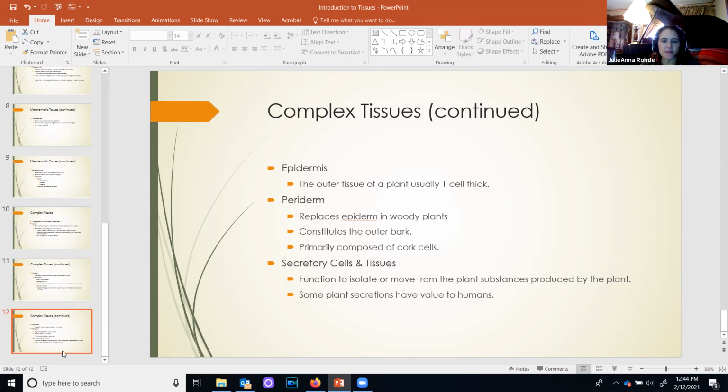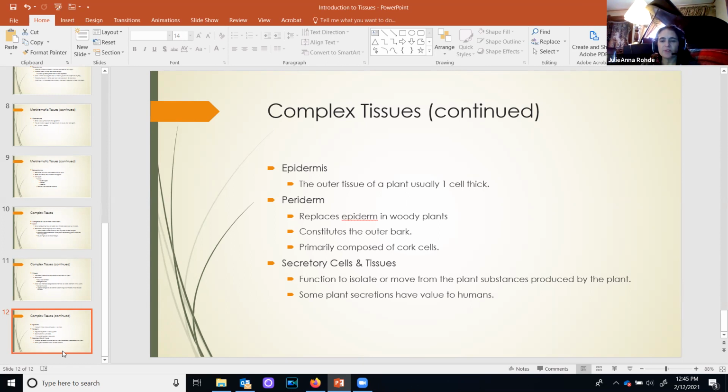Then we have secretory cells and tissues for secretion. These function to isolate or move from the plant substances that are produced by the plant. When we talk about secretion, we talk about hormones. One tissue may produce a certain type of hormone that's needed in another place of the plant, or several places in the plant, not necessarily the site of production.